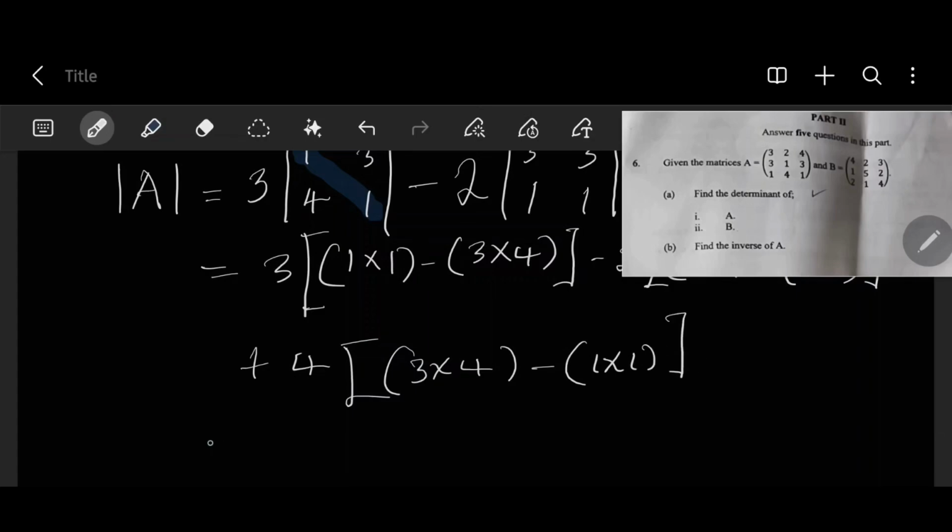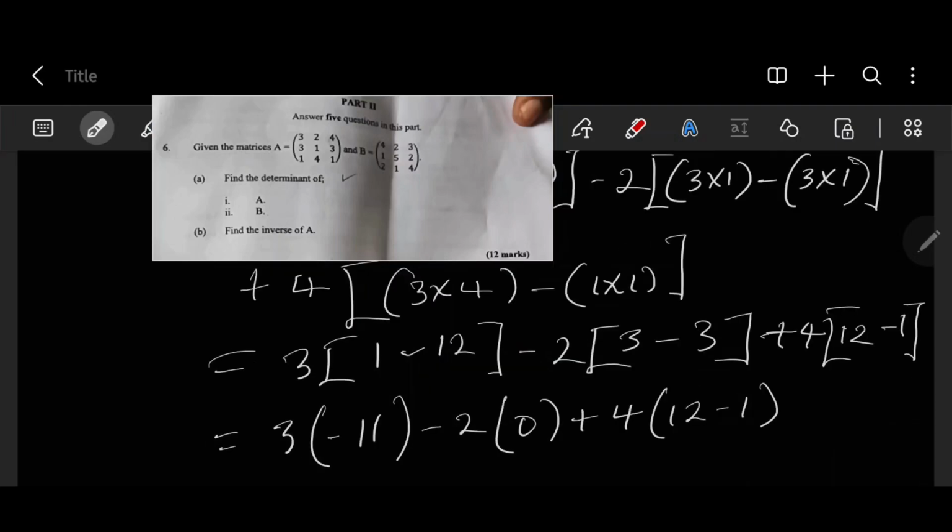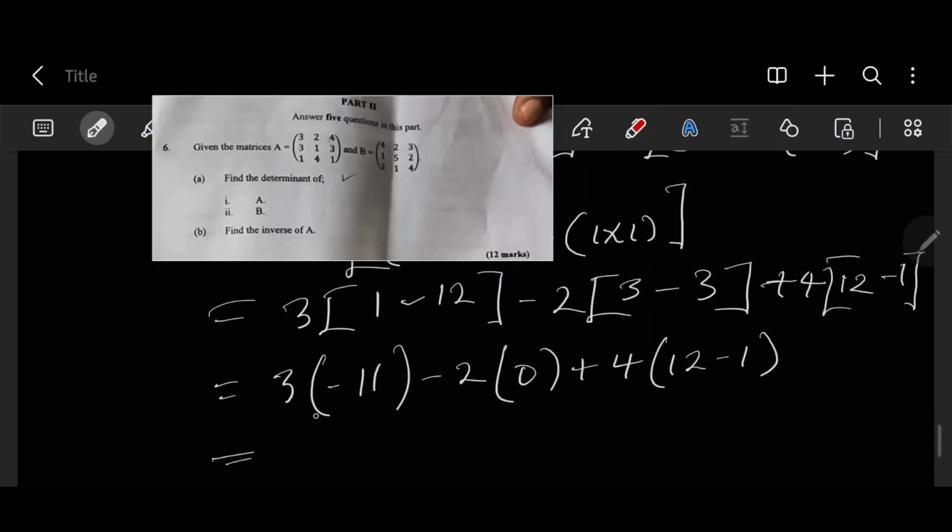Okay, I'll go ahead and simplify this. So I have 3 times minus 11, that is minus 33, minus this 0. So I can just write plus 0, minus 0, it doesn't really matter.